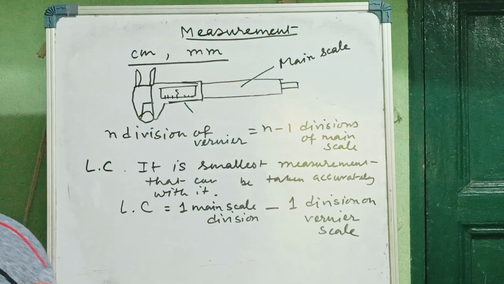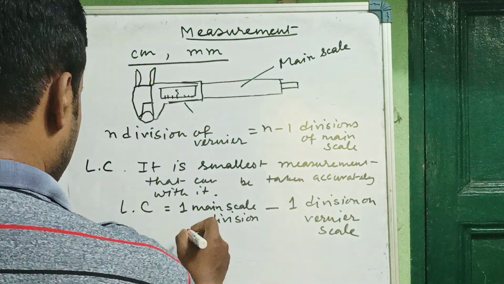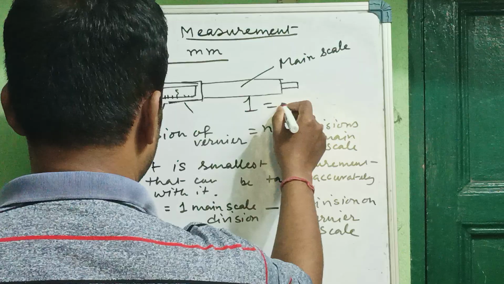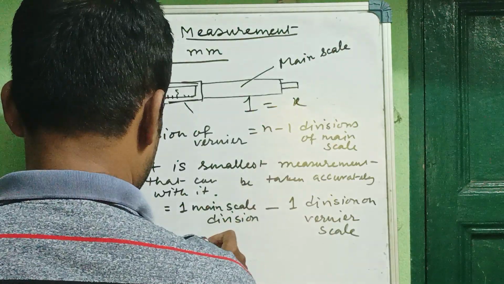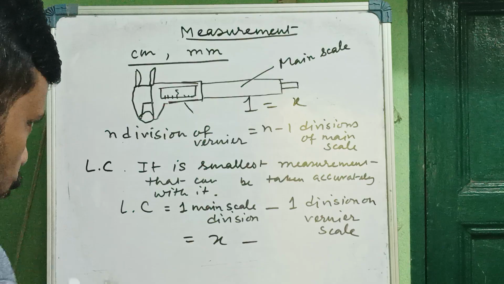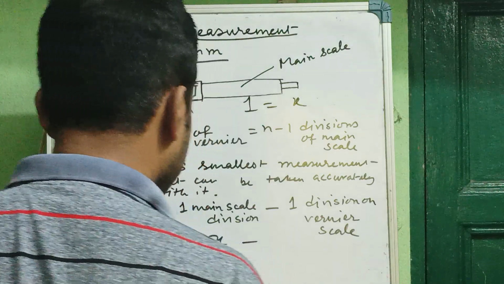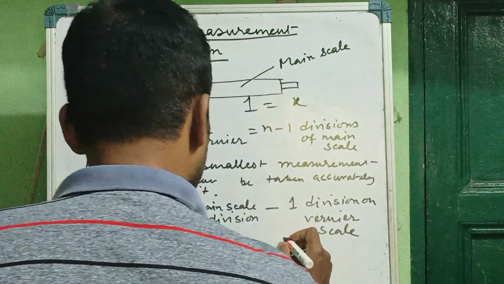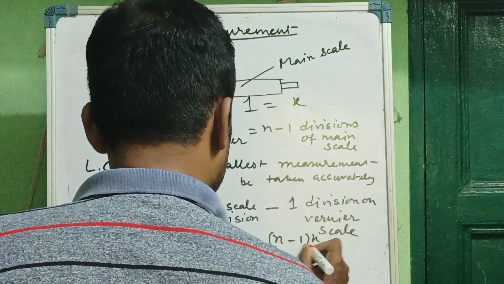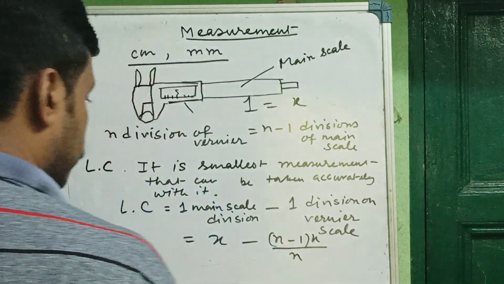One main scale division equals x. One division on the Vernier scale is (n minus 1) x divided by n.